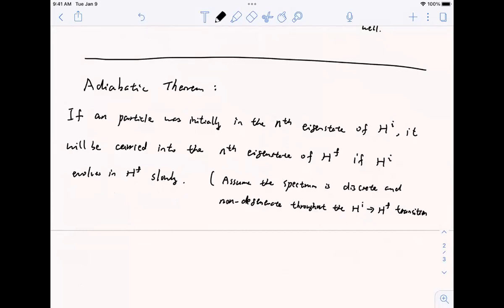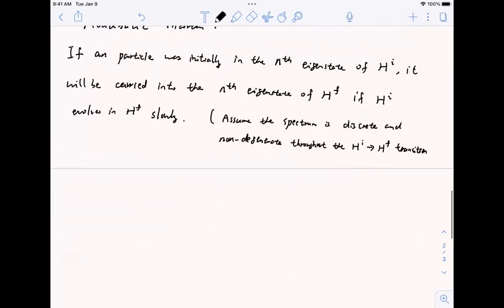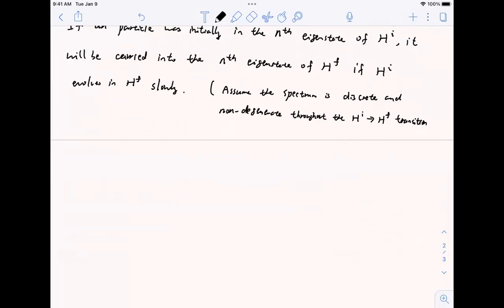Okay, so we're going to prove this theorem. And then the Berry phase will come out in the proof. Okay, then that is how we know what the Berry phase is. So let's go with the proof.